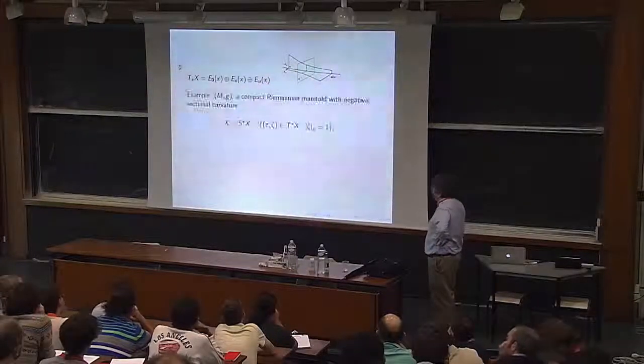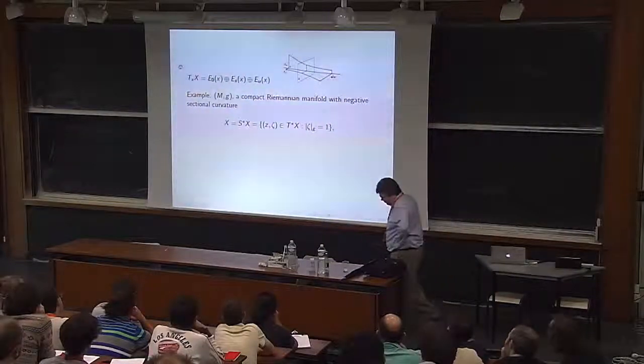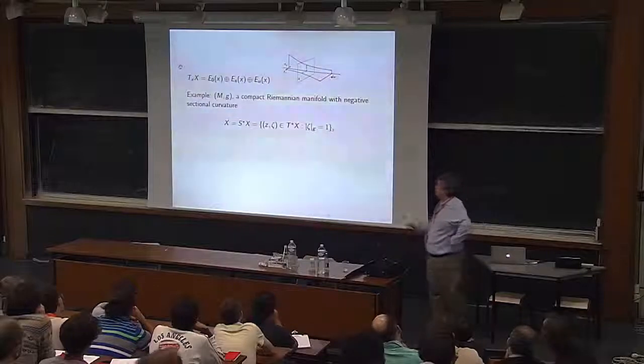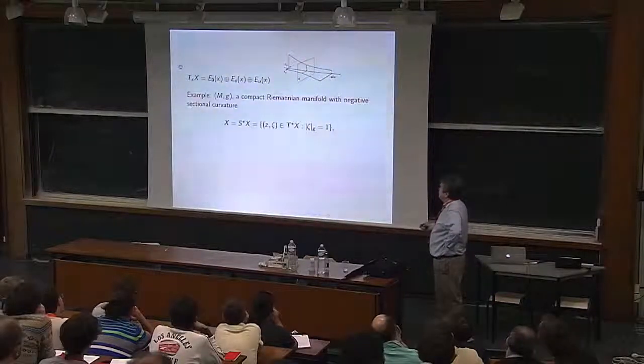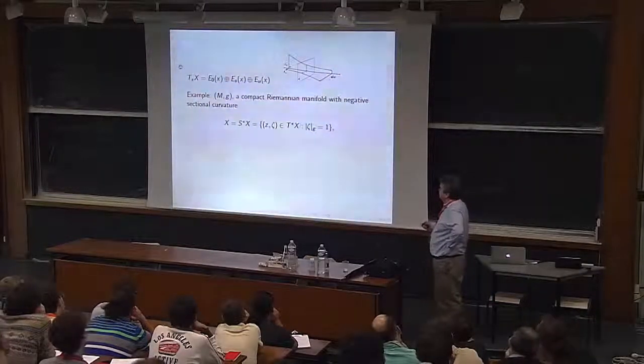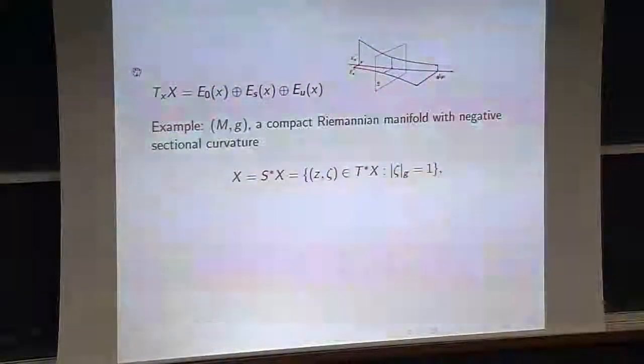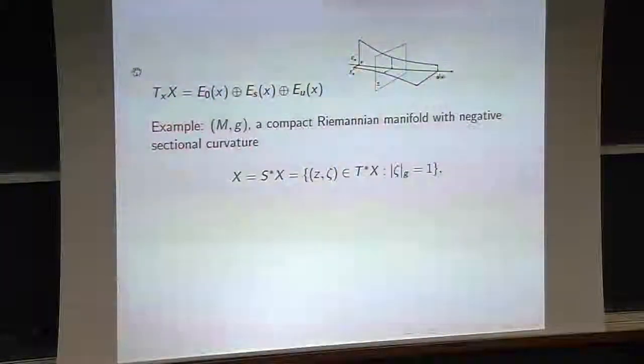An example of an Anosov flow is the geodesic flow on a compact Riemannian manifold with negative curvature. In that case, I have a manifold, sorry, this should be M, not X. This is like in MATLAB, where you can of course have X equal to S star of X, but this would make sense in MATLAB, not in mathematics.